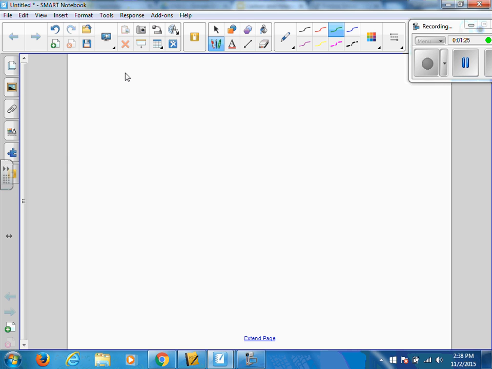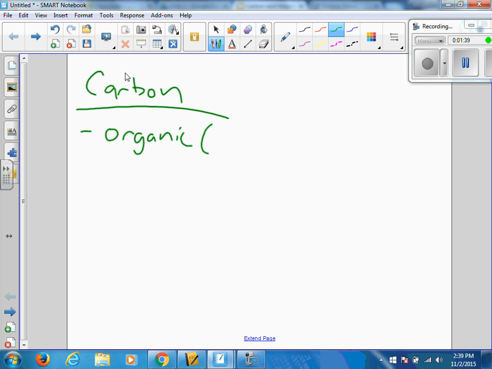So if we look at just carbon in general, number one, all things that have carbon are considered organic. So these are things like CO2 or C6H12O6, which is glucose. These are all organic molecules.